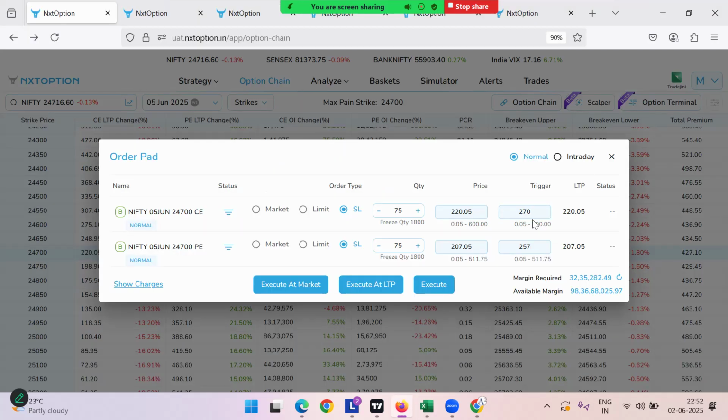So you can put a stop loss for your call short position at 270, and you can put a stop loss for the 24,700 put option at 257. So that way you are able to protect the position in case of extreme wide movements in the market.